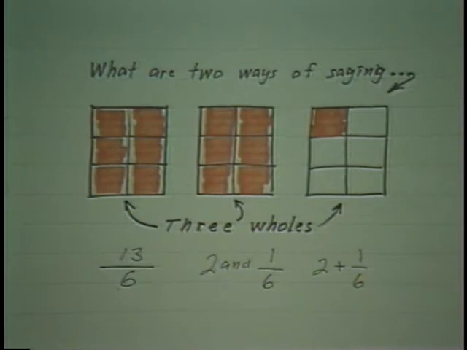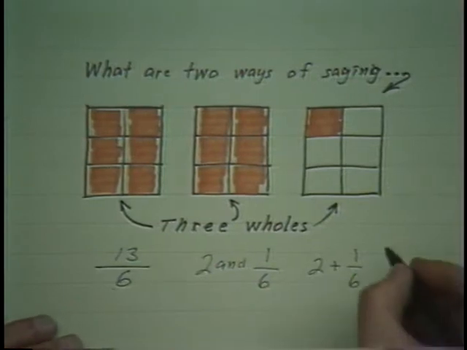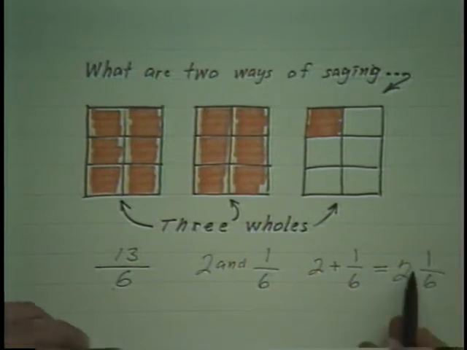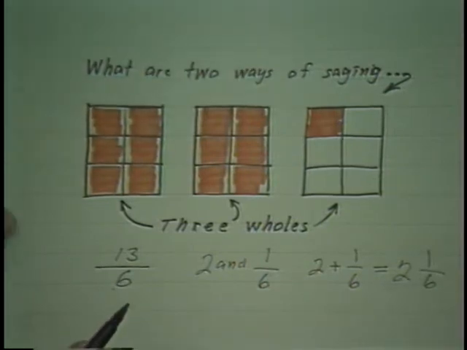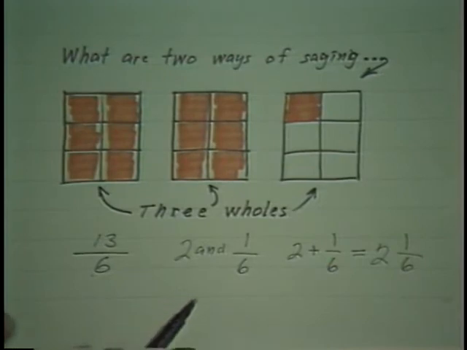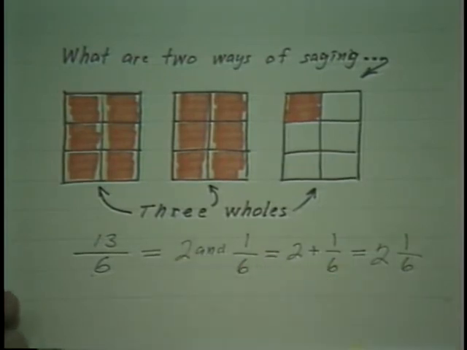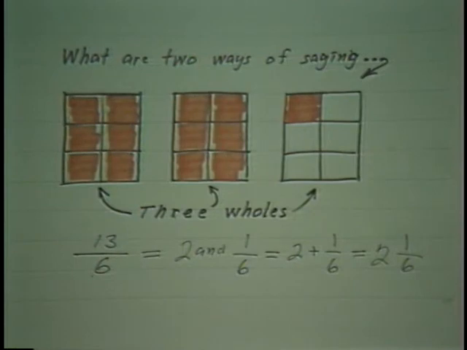And if we do this long enough, we finally make an agreement. Since we know that the plus is there, we will by agreement quit writing it and just put 2 and 1/6. These are different ways of representing the same number.